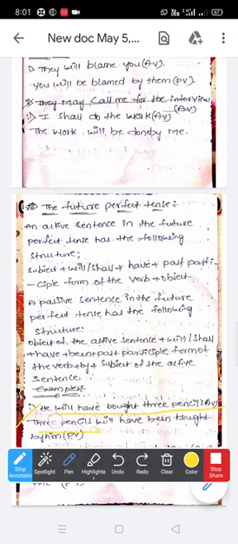Then adding will or shall, then have, then been, then the past participle form of the verb, and adding by preposition. Then him is the subject of the active sentence.